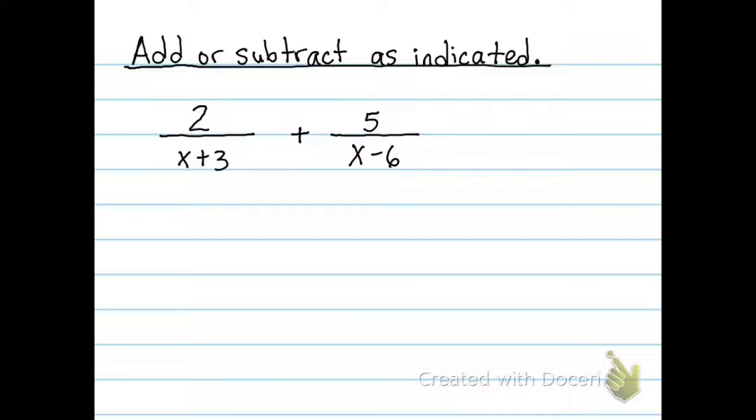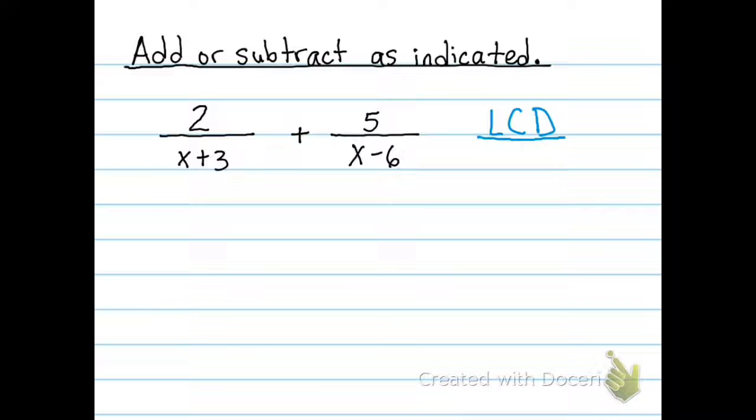So the first thing we're going to have to do in these problems, if the two rational expressions do not have the same denominator, is find what we call the least common denominator, right? And we typically just put LCD for least common denominator.